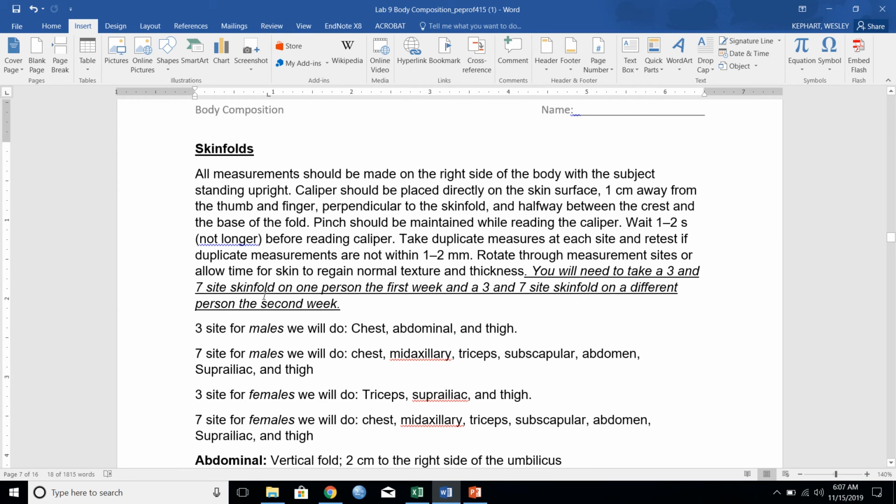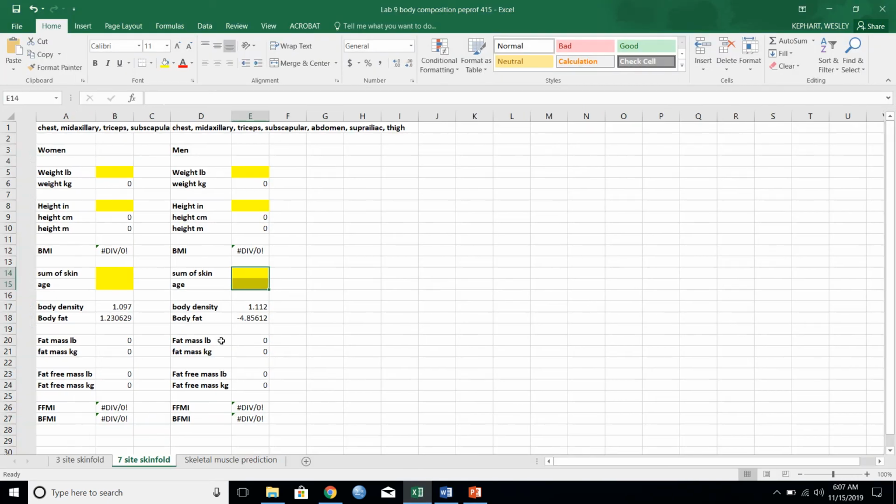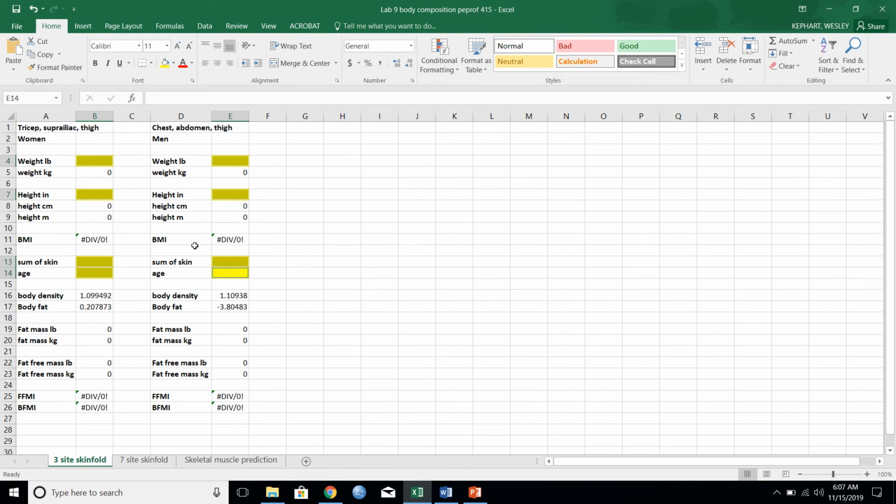Next thing, skin folds. On your partner, you're going to do both a 3 and 7 site skin fold. If we look at the Excel document, you can enter a lot of things in here. I highlighted in yellow every place where you're actually going to enter some data. Enter their weight and their height in inches, and it will calculate the BMI for you.